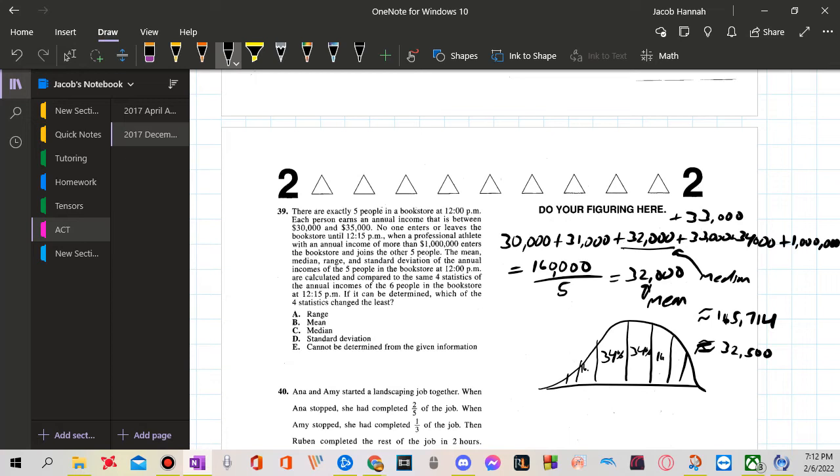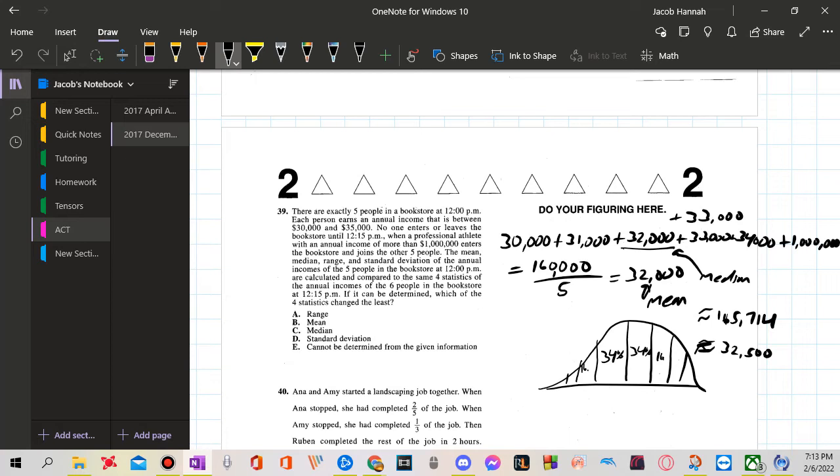And now your standard deviation will change a lot, but not as much as the next thing we're going to talk about. Now the range is going to change a lot, because when you add this really giant number to a relatively small data set, the range from 30,000 to a million is going to be the biggest difference.